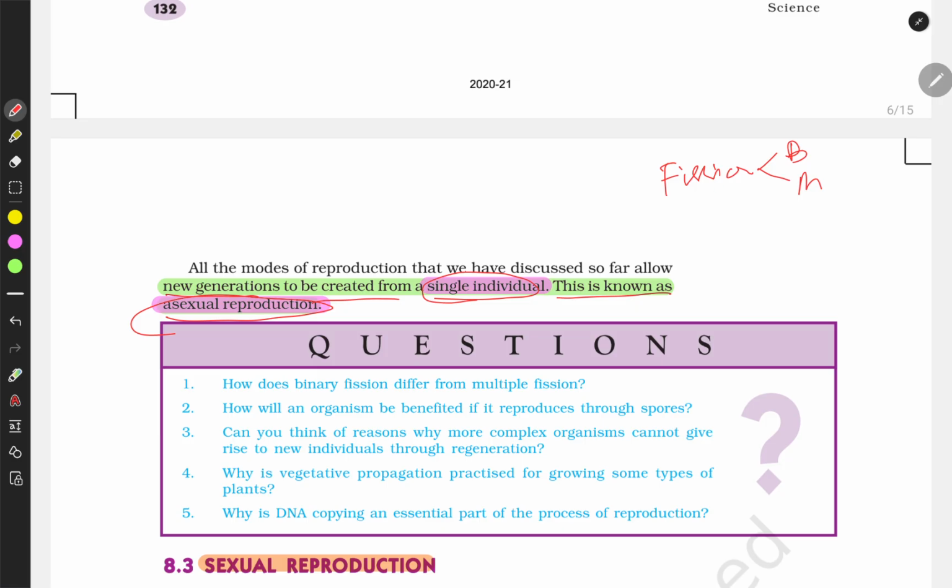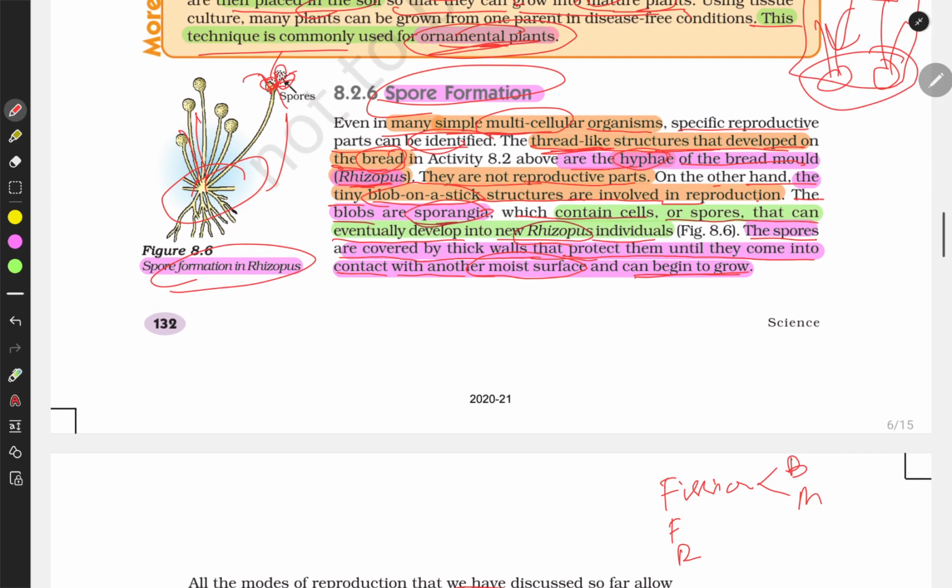Then we studied fragmentation, when the plant is fragmenting into multiple parts. Then we also studied regeneration, when specific organisms like Planaria have the property of regenerating their cut-out body. Then we also read about this latest one, spore formation.